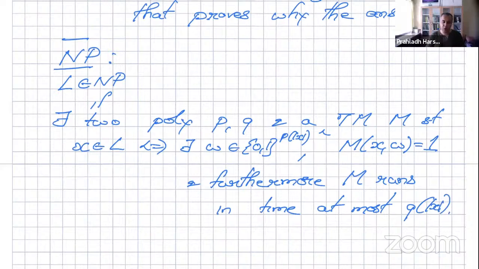So firstly, the proof should be short, and the time taken to verify that the proof is correct should also be polynomial. Both of these should necessarily be polynomial. Only then will I call it NP, and all the problems which we saw had this feature.